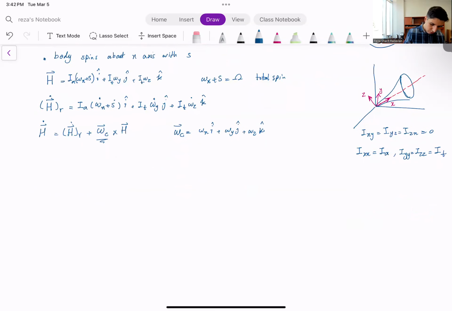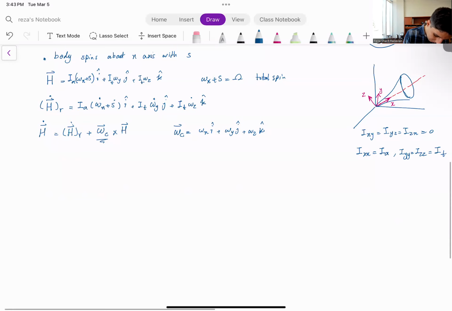And if you use this equation now to find the Euler equations, it's going to be kind of similar, except that now I don't have any products of inertia, and two of my moments of inertia are equal to each other, which we called IT.